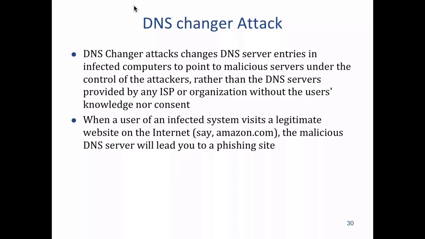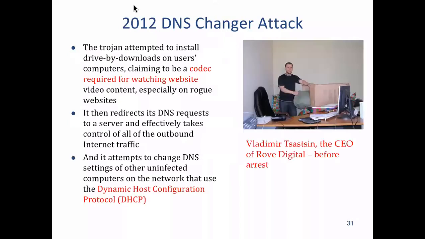So this Trojan is nothing but malicious software that will start doing things in your machine or laptop. The first thing is that it will change the domain name server, which will lead you to a phishing site. Now the whole attack can be planned in such a way that the Trojan that has been downloaded will also use one of the attacks that we have seen, which is the DHCP attack, and change the domain name server name.